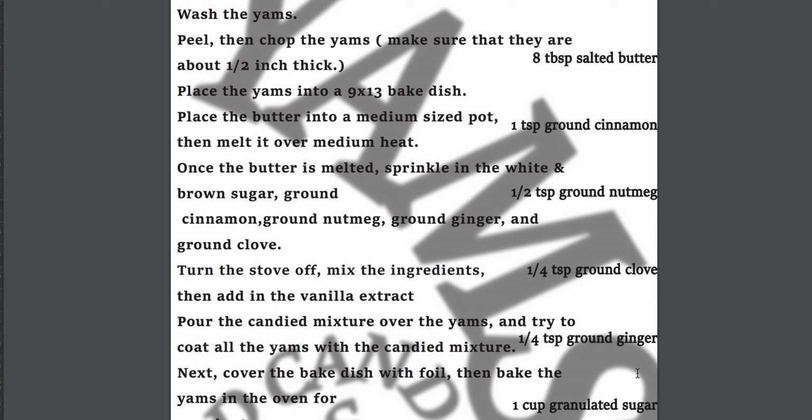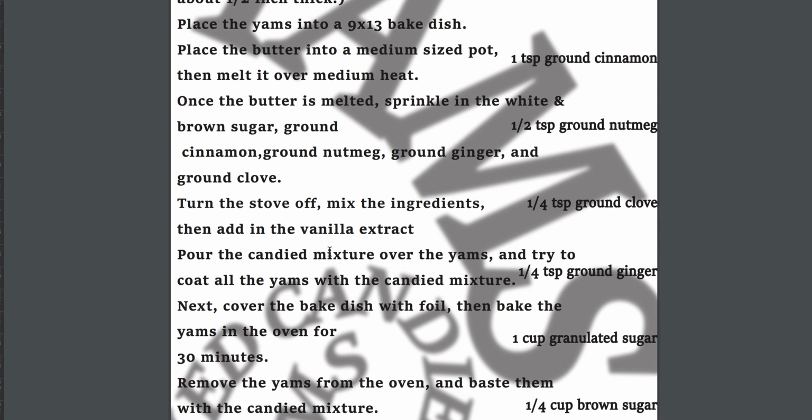Okay, so we still want to maintain that readability in our recipes. So that's what we want to make sure that we maintain as long as we're on the computer, right? I think when we get into something like this, this says baked candied yams, we just need to make sure as to what's the reasoning for us distorting the text like that.